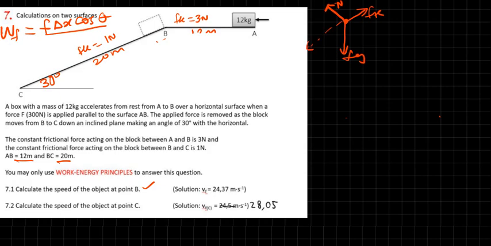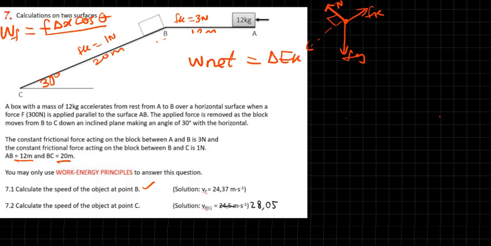The normal force and the direction of motion act at 90 degrees, so the normal force does 0 work. So using the work energy principle, the net work is equal to the change in the kinetic energy.